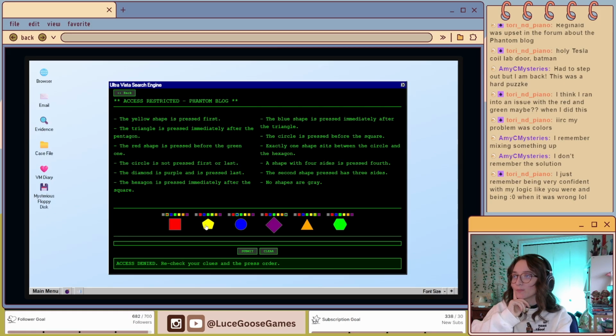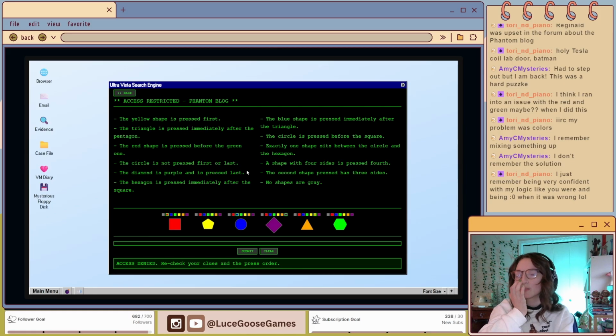Okay, yellow shape is pressed first. Man, this is tough. Where do I see anything about the blue? The blue shape is pressed immediately after the triangle, so that doesn't change anything, I don't think. The circle is pressed before the square.